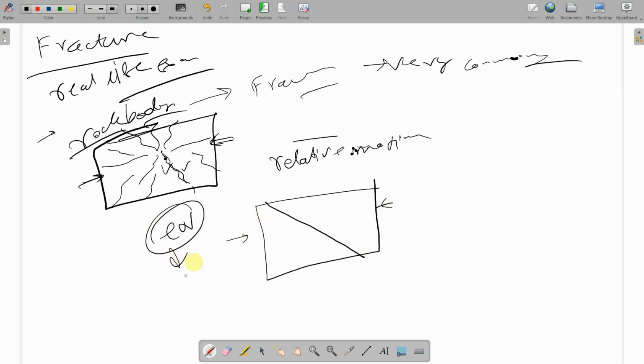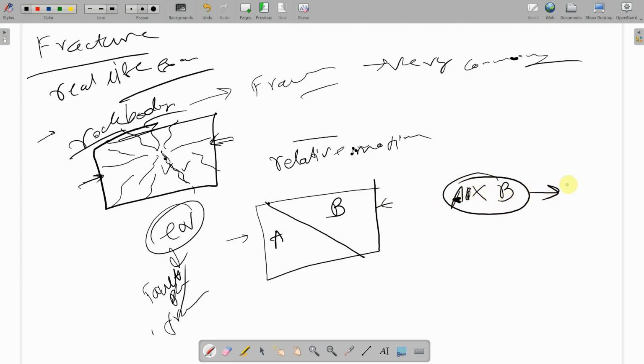In general, with earthquake activity, fault planes are developed. A fault plane or fracture in the rock is developed. Suppose this fracture is developed, and this is block A, let's say this is block B. If there is no relative movement between block A and block B, then it's called a joint. If there is no relative movement between A and B, it's called a joint.